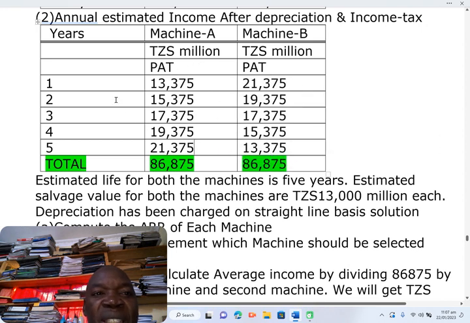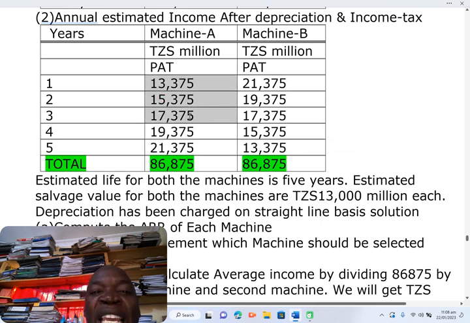As you see, the total profit after tax is the same. Although in year 1 it was 13,375 for project A, in year 2 it is 21,375. So the cash flows differ, but once you sum them, the totals are the same.